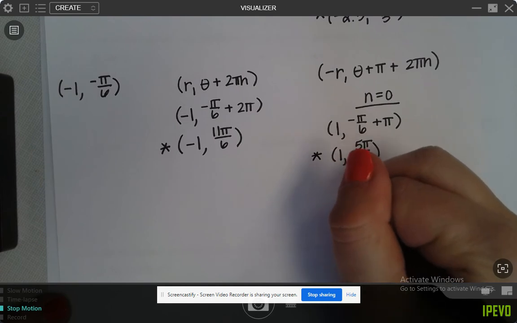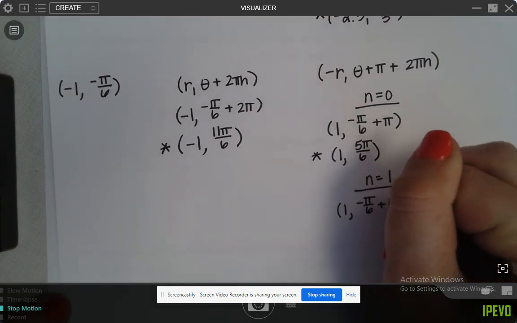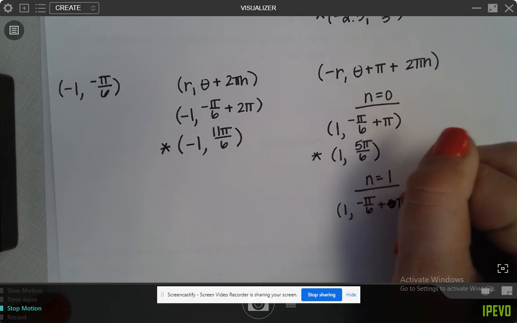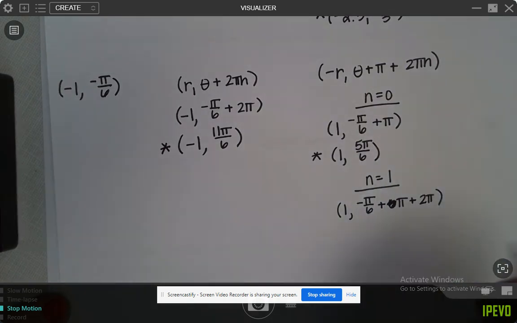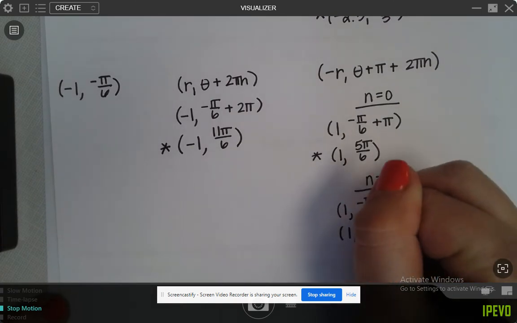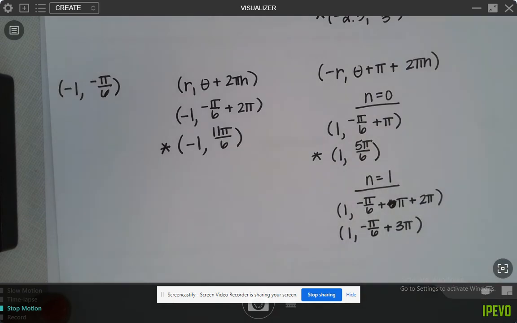So it's going to be 1, comma, negative pi over 6 plus pi plus 2 pi, because n is 1. 1, comma, negative pi over 6 plus 3 pi.